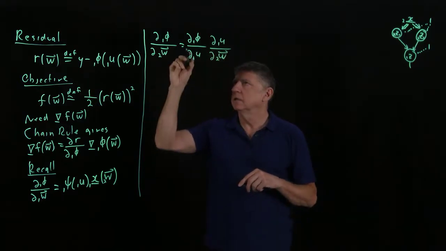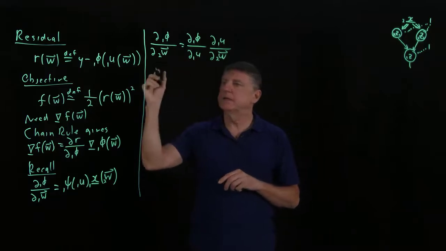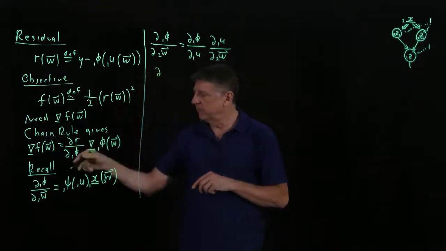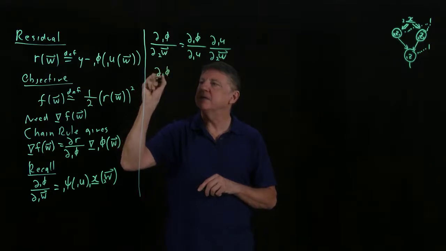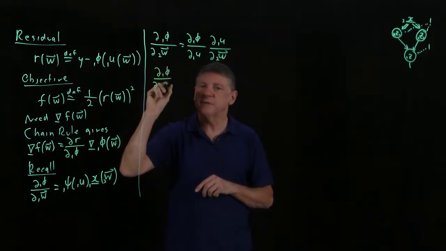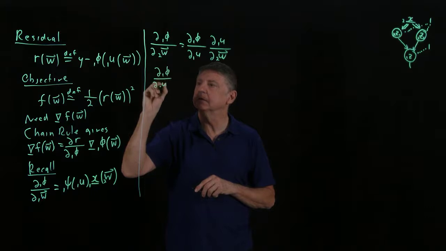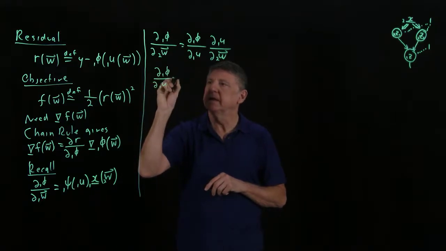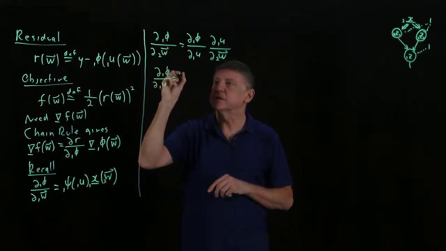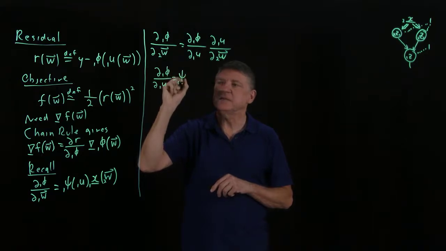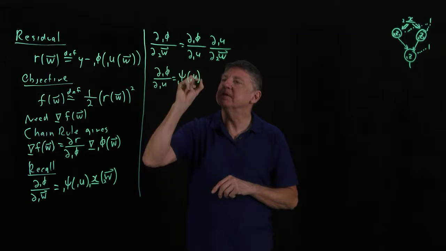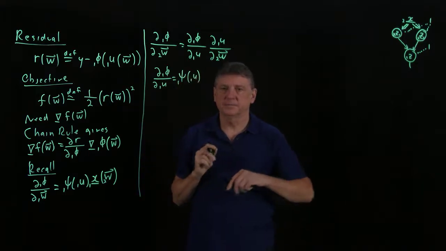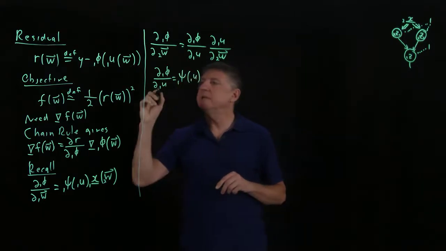And we already know that the rate of change of the activation function with respect to its linear product is, we're saying, some function psi for that output layer that is a function of its linear product.